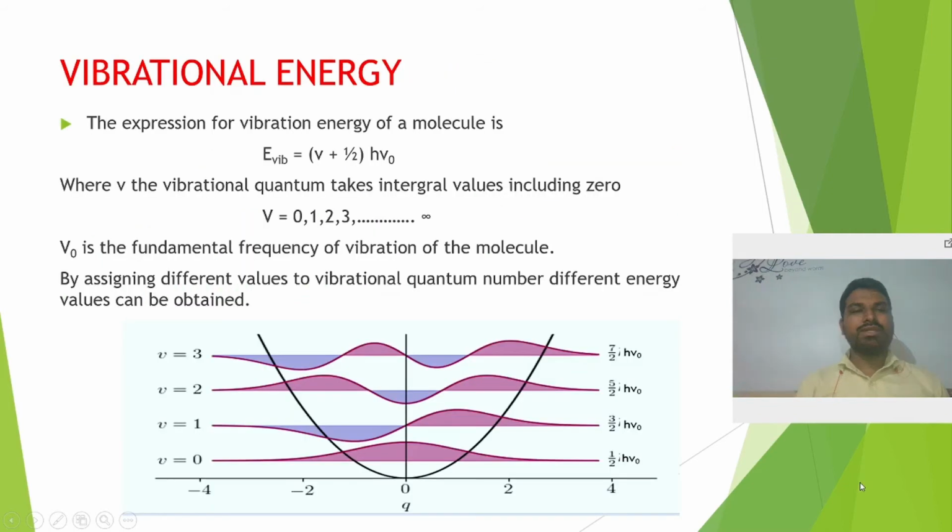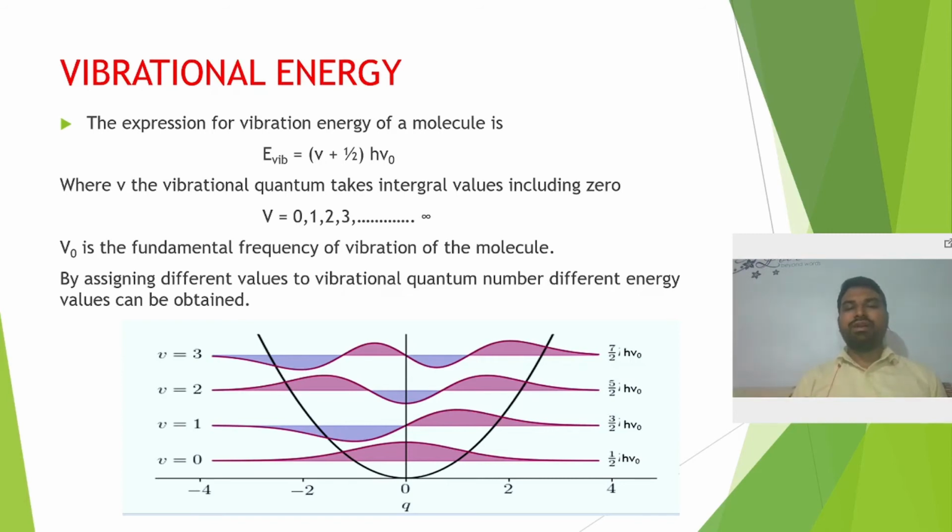Now vibrational energy. The vibrational energy of a molecule is E vibration equal to v plus half h nu 0, where v, the vibrational quantum number, takes integral values including 0, 1, 2, 3, and nu 0 is the fundamental frequency of vibration of the molecule.